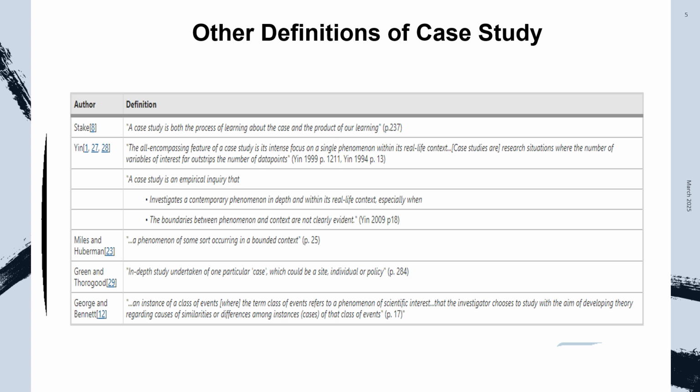So, as we mentioned, the main aspects found in common between these definitions are in-depth investigation of a particular phenomenon in its real-life context, and the presence of what we call a bounded context, which means limitation of the cases by time and by place.